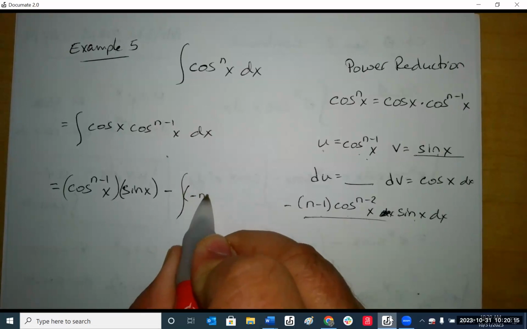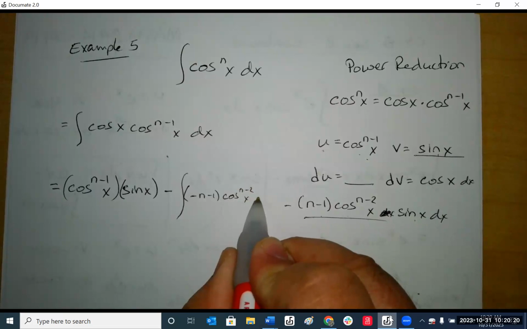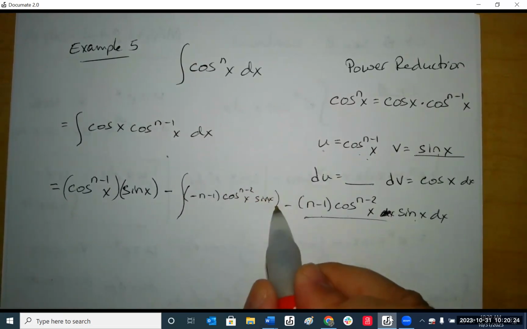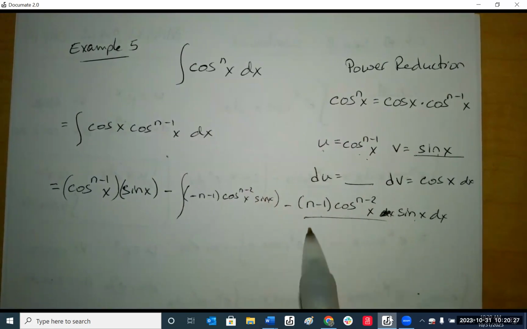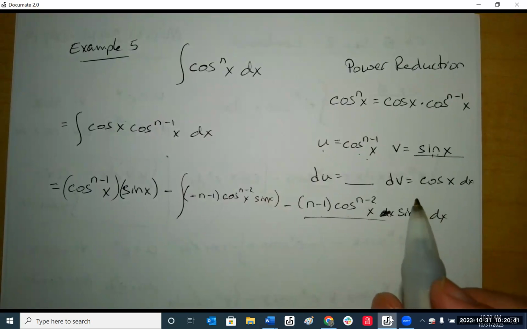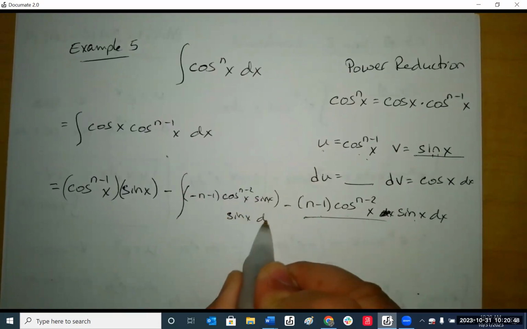So it's negative n minus 1 cosine n minus 2 x times sine x times sine x dx.